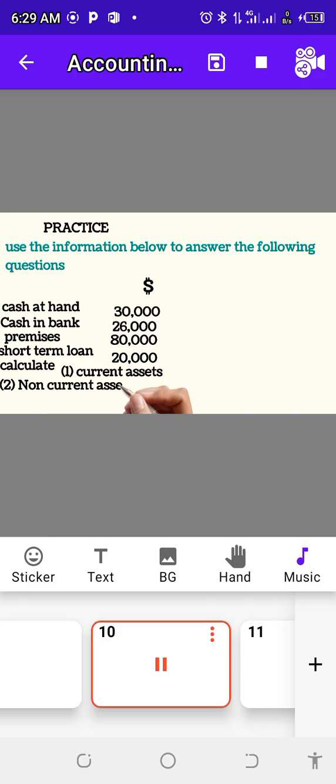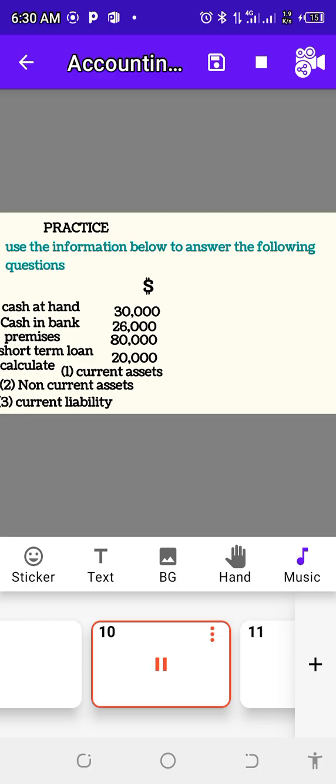Now, the mix of assets and liability. They ask you to find the current asset. Current assets are cash at hand and cash in bank. Then the non-current asset there is premises, while current liability is what?